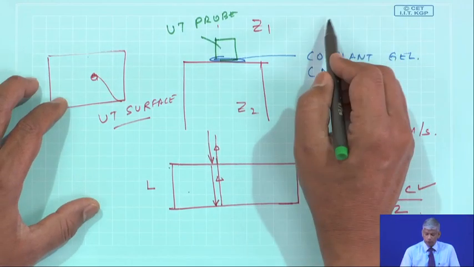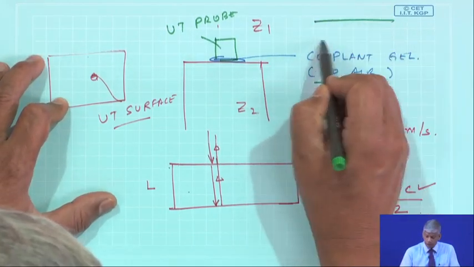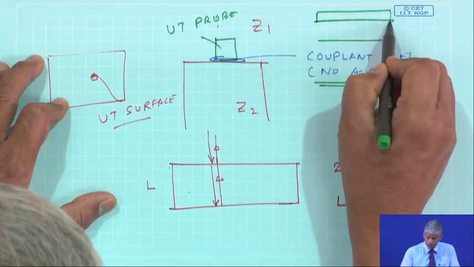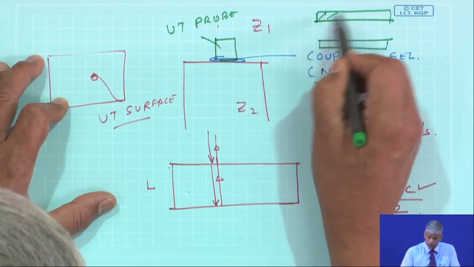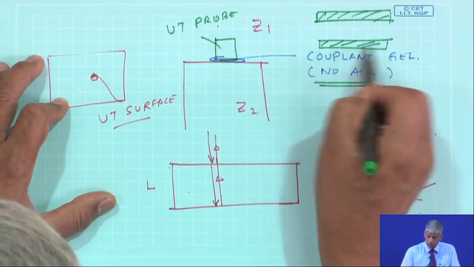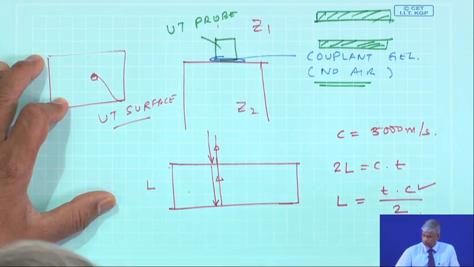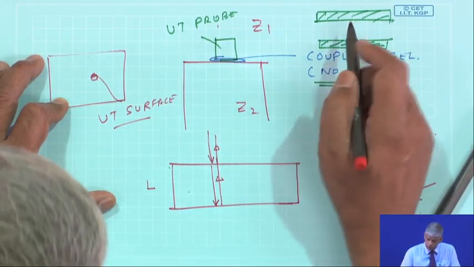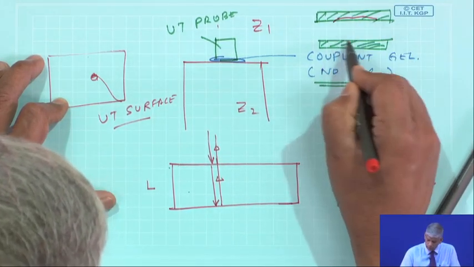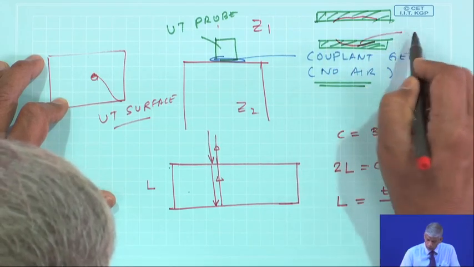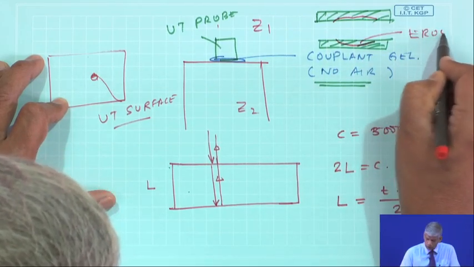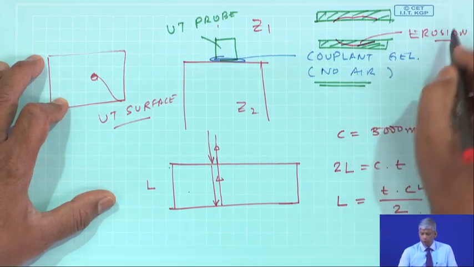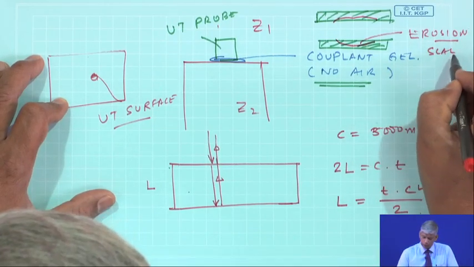Many times in many of the process plants I have seen thick pipelines where, because of corrosion, the material gets eroded, erosion has occurred, or the other way, scale deposits have occurred.